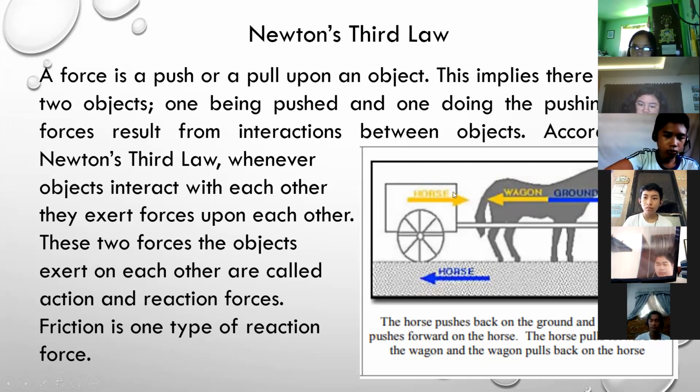Equal forces generate no acceleration. If the force exerted by the horse is equal to the force exerted by the wagon, then no acceleration happens. However, if the force of the horse is greater than the force of the wagon, then the wagon moves along the ground. At the same time, the horse acts on the ground, and the ground exerts a force through friction that stops the horse from slipping.